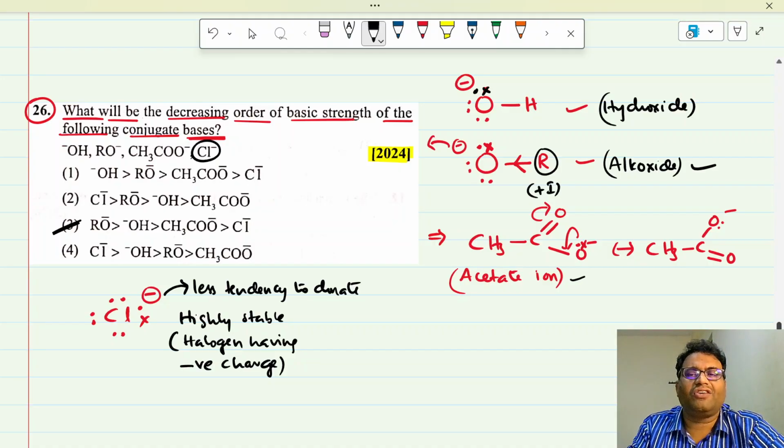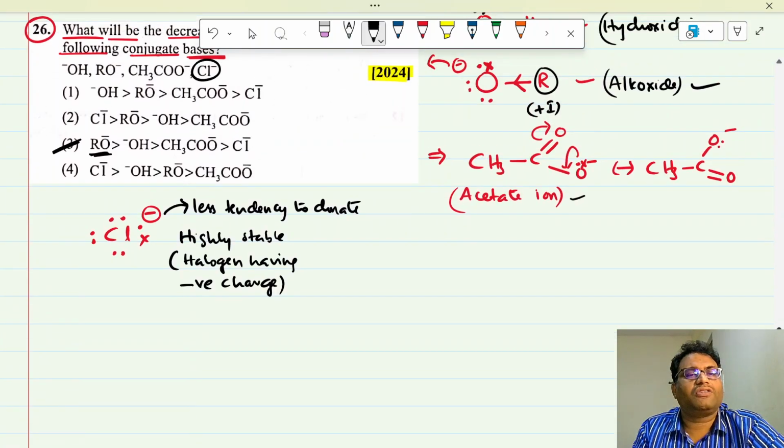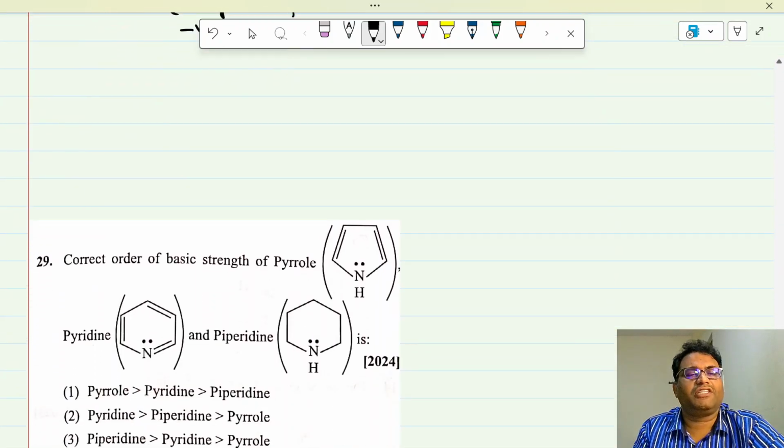You can find alkoxide, because the negative charge is present on oxygen, but there is one plus I group, so the electron density increases, so that it can donate easily. So we have only one option with alkoxide having more electron density, occupying the first position, more basic, right?